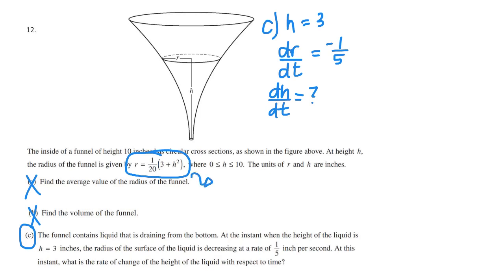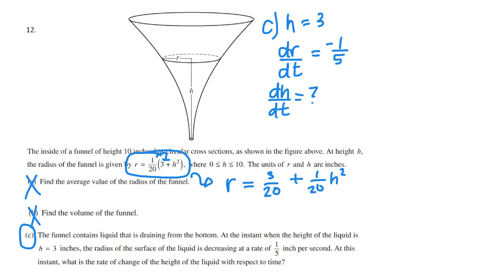A lot of kids missed this problem last year or the year before. Let's rewrite this so that r equals, and let's use our good old distributive property, 3 over 20 plus 1 over 20 h squared, isn't it? The whole idea behind doing that is so that when I write out the derivative, it makes it a lot easier to work with.